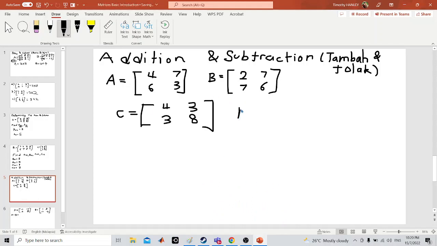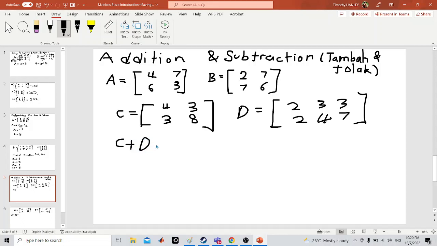Okay, so let's say there's another matrix and it has a different form, for example 2 3 3 and 2 4 7, and they want you to solve for C plus D. Can we solve this type of question?